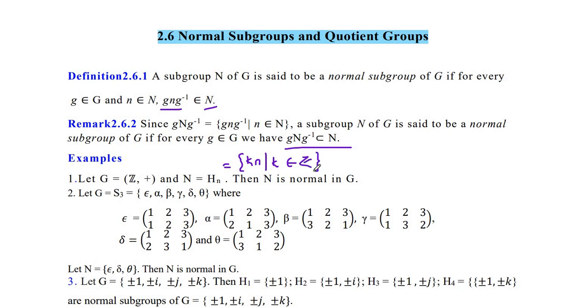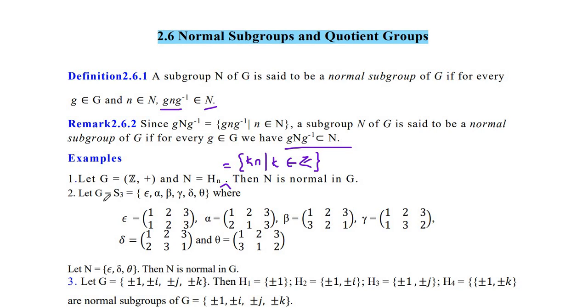So this subgroup is normal in G. Later we will be seeing a result which will state that every subgroup of an abelian group is normal in G. So based on that only we have this to be an example for a normal subgroup in a group G. So G is the group of integers under addition, and N is the set of all multiples of n, which forms a group under addition.